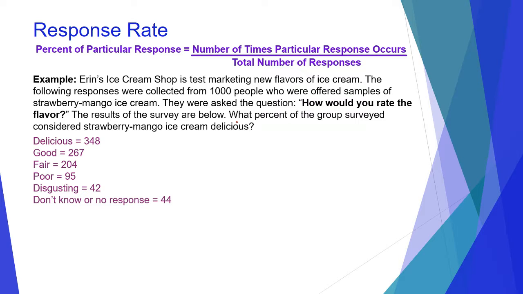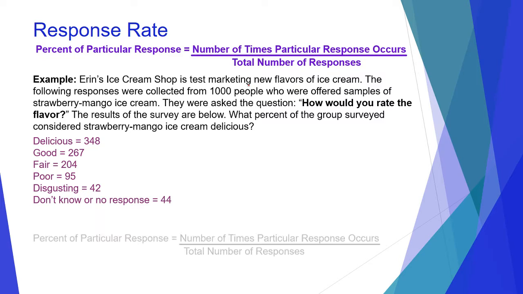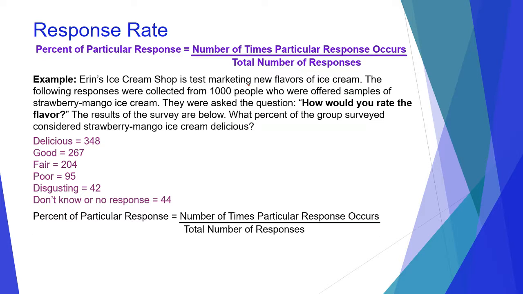What percent of the group surveyed considered strawberry mango ice cream to be delicious? Using the formula, we're going to plug in 1,000 for the denominator because the denominator says total number of responses. We surveyed 1,000 people. We got 1,000 responses. Question is asking for delicious. So 348 people said that.